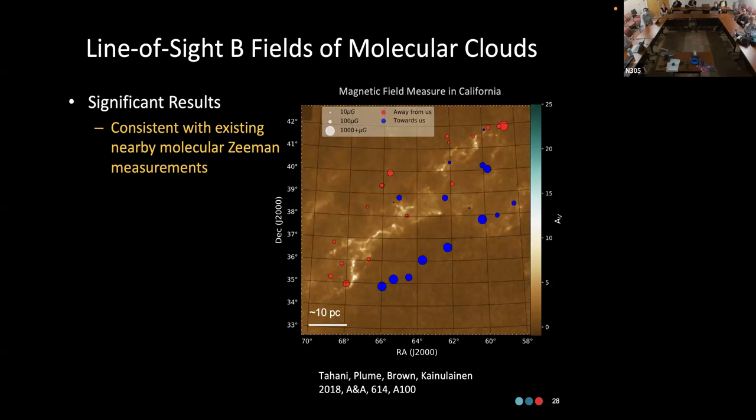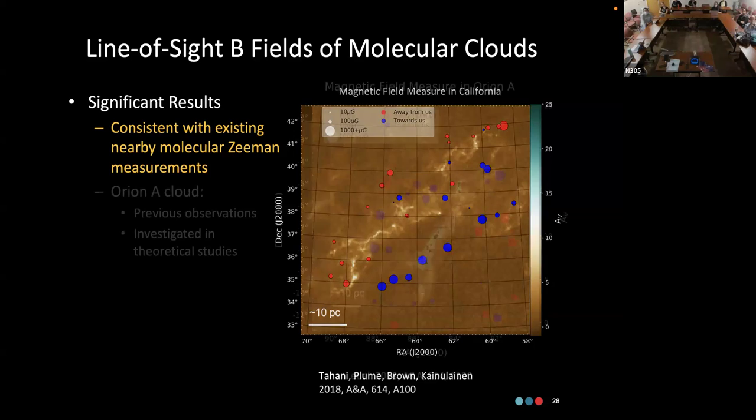Circles show line of sight magnetic fields. Blue shows magnetic field pointing toward you, and red shows magnetic field pointing away from you. And when we look carefully, we see that at one side, magnetic fields are predominantly pointing toward us, and at the other, they're predominantly pointing away from us.